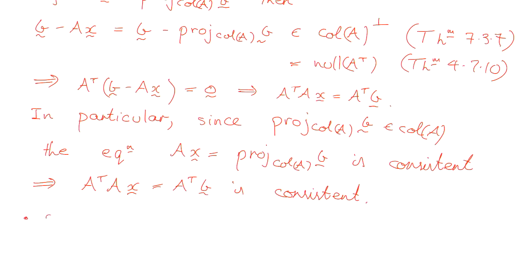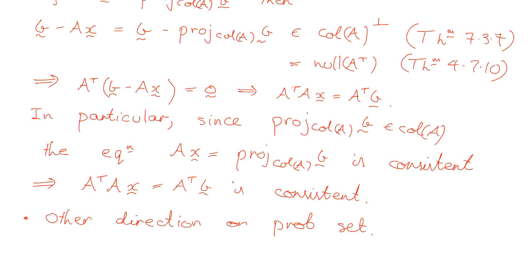Okay, so the other direction is on the problem set. I guess in principle, the other direction is the more interesting direction, right? Because then that gives you a recipe for at least finding one least squares solution. It's a little bit easier to prove, so I'll leave it for you to do. But it's good to have both directions, because the direction we've proved shows you that there aren't any other ones, right?